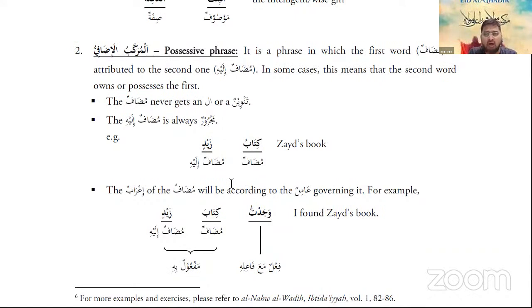Whenever a noun is mudaf, it doesn't get tanween or alif lam. So kitabu, with a dhamma. Zaidin is majroor because it's mudaf ilayh. So kitabu is in the state of raf, the nominative case.